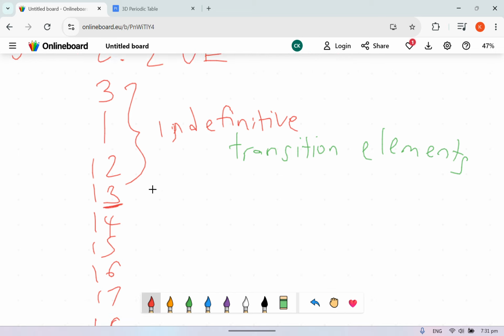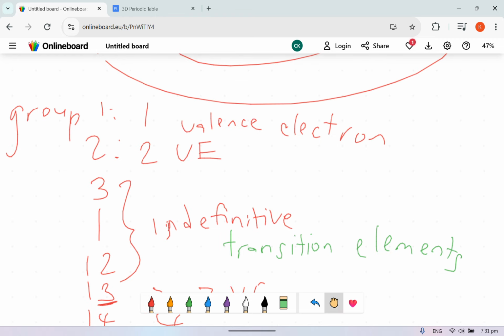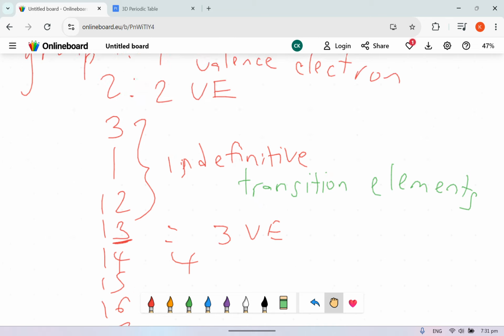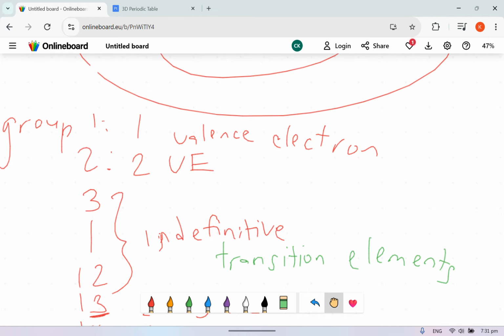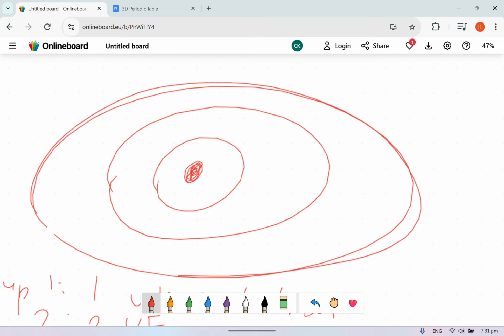You just look at the unit digit. In this case, 3 valence electrons. Then 4, 5, 6, all the way to 8. So group 1, 1 valence electron. Group 2, 2 valence electrons. Group 13, 3 valence. 14, 4; 15, 5; 16, 6; 17, 7; 18, 8. From group 3 to group 12, it is indefinite. They are transition elements. Valence electrons are how many electrons are on the outermost shell.